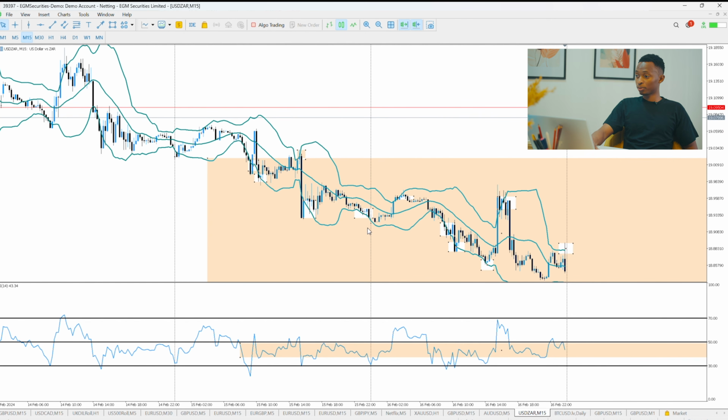However, the 2, 3, 4, 5, 6, 7, 8, the 9 times price touched the lower band, we didn't have very accurate buy signals on all of them. So this is a way we have filtered good signals and bad signals from the Bollinger Bands based off a higher time frame RSI. So the strategy is very straightforward.